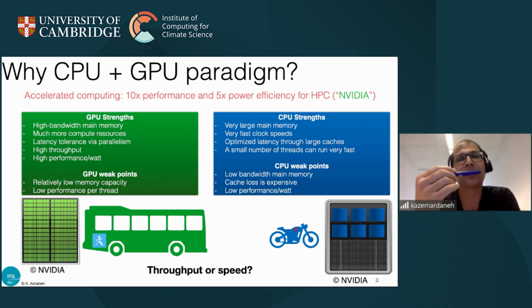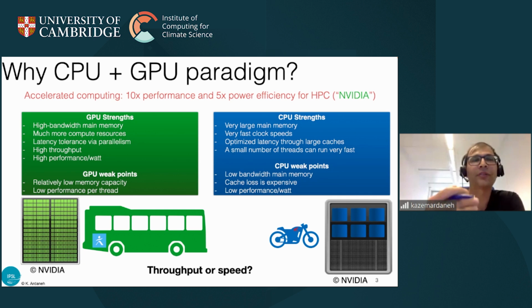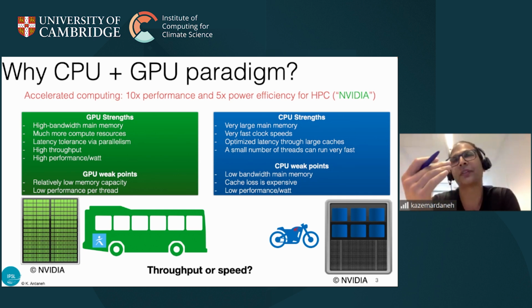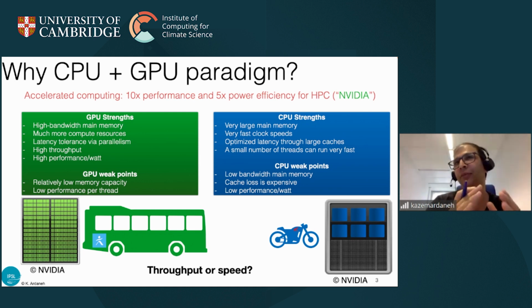Which of them is useful for us highly depends on the calculation that we need to do. In the heterogeneous model for IPSL, we wanted to use both of them, because part of the calculation needs to stay on the CPU, but the most consuming part we port to the GPU.